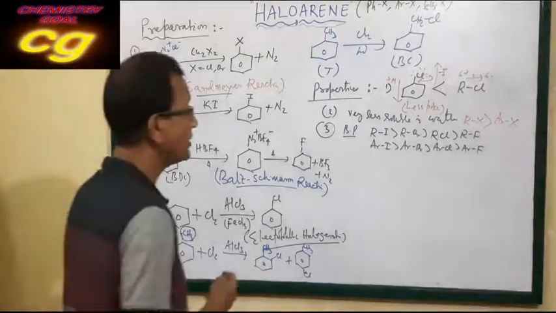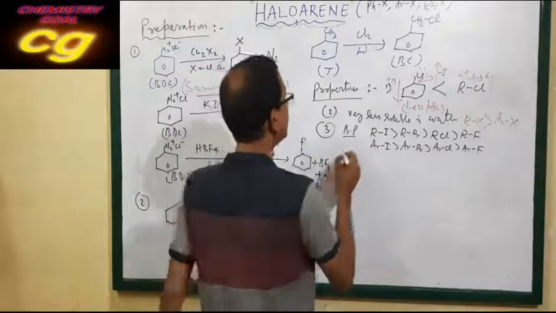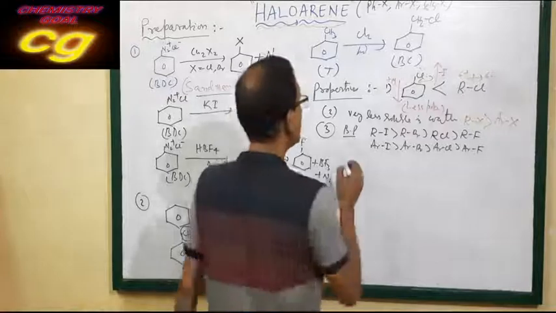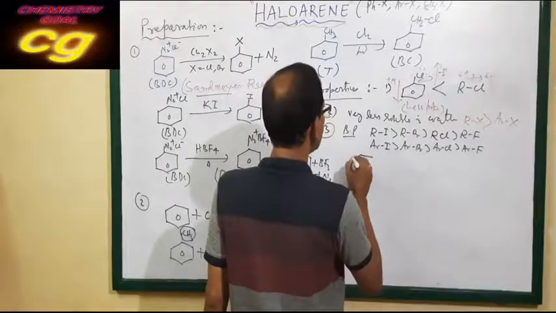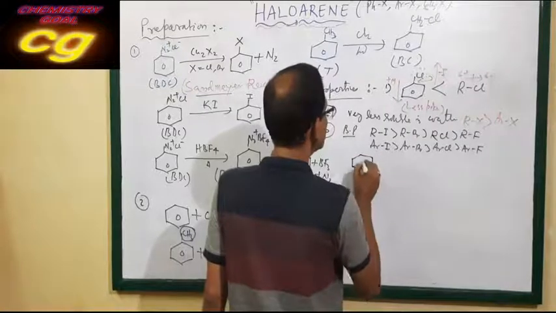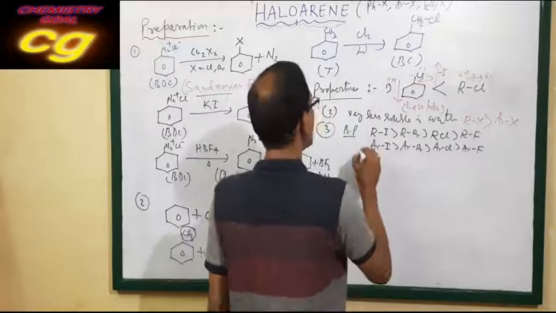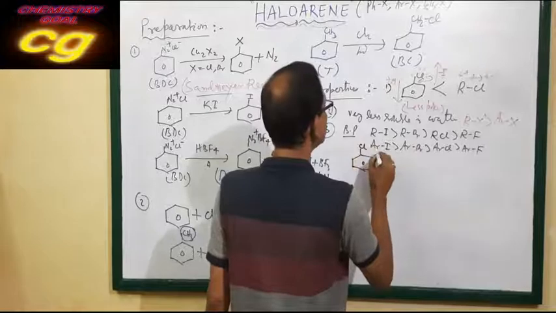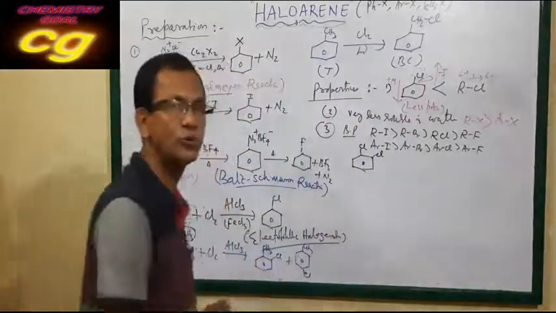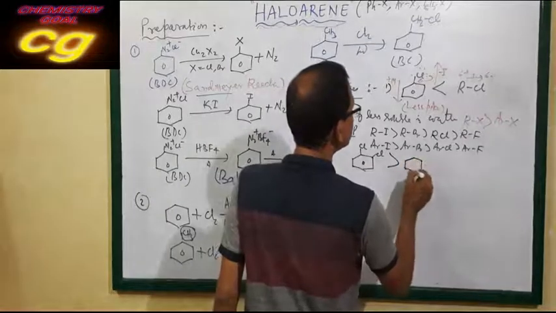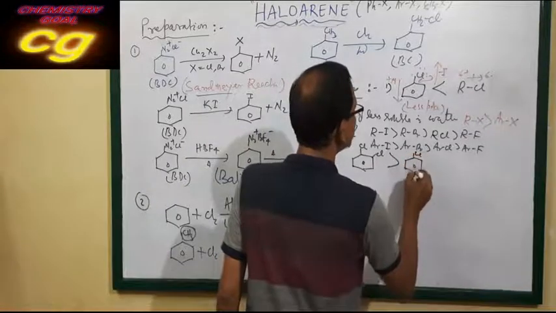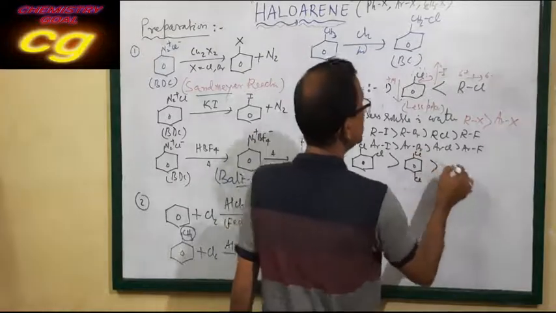But for dihalogen derivatives, the boiling point order is as follows. Suppose you know there are three derivatives: this is ortho, this is para, this is meta.